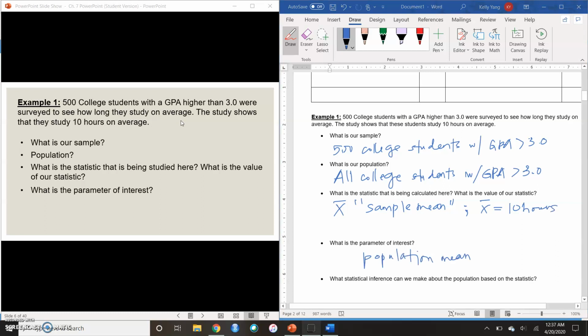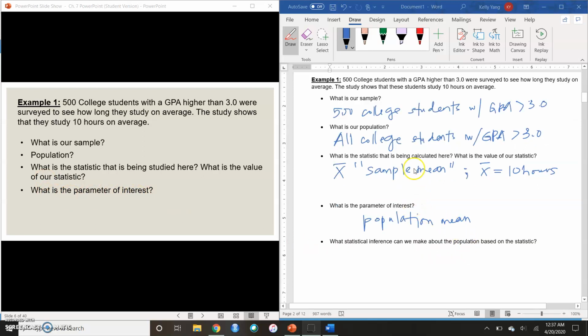The next thing we're looking at is the parameter of interest, which I already filled out. The parameter of interest is the population mean. We don't know what this value is because it's usually unknown or just provided to us, but we do know that what we're trying to figure out is a population mean, because the study focuses on the sample mean.